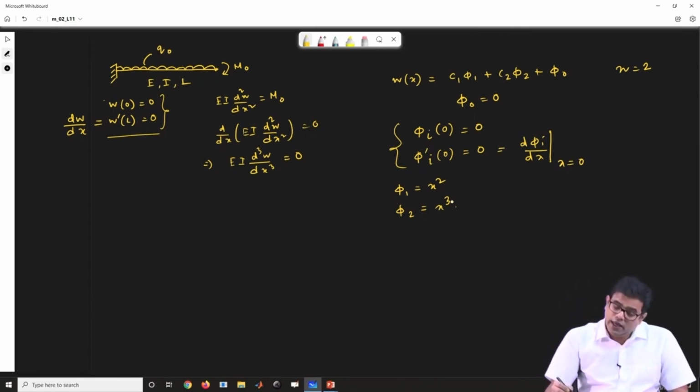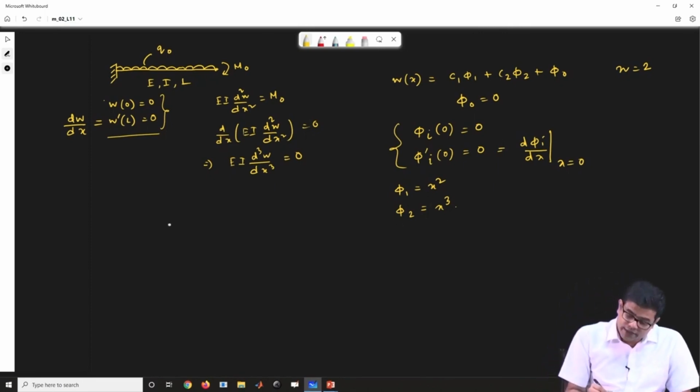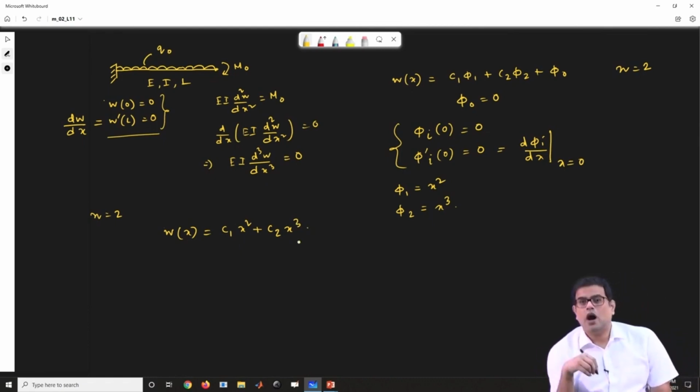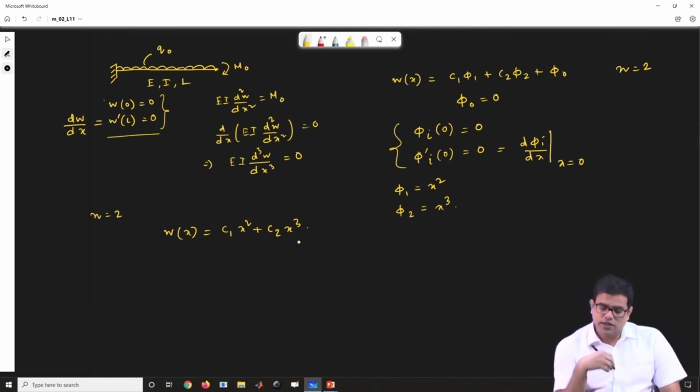Then my w approximation for n equals 2 is C1 x squared plus C2 x cube. Now the main objective is to find C1 and C2. So how to find C1 and C2?